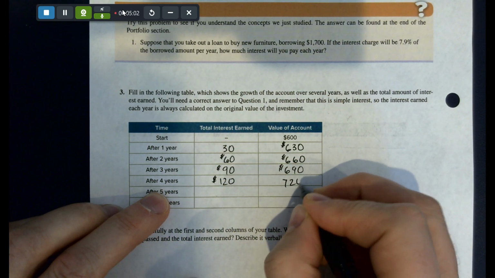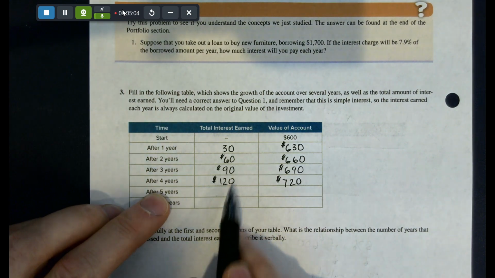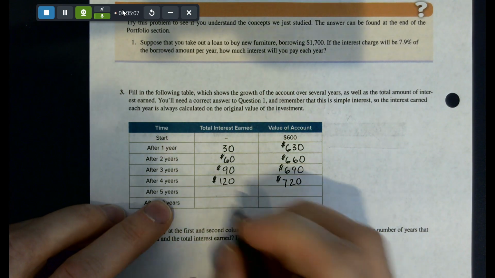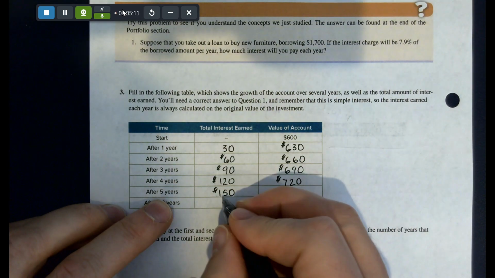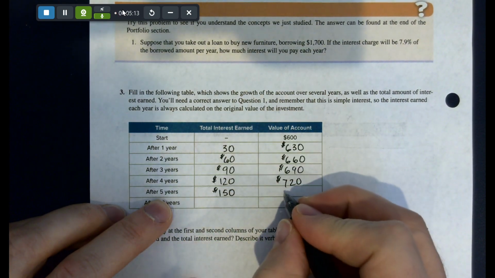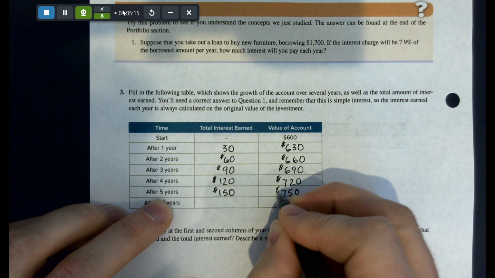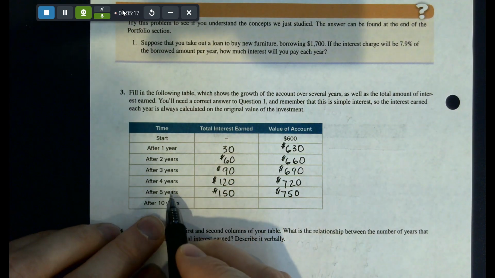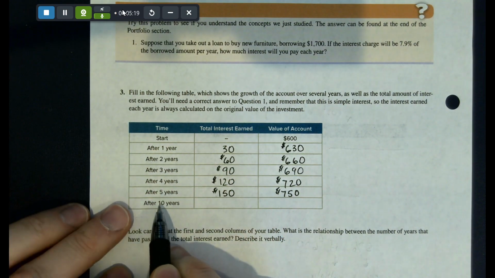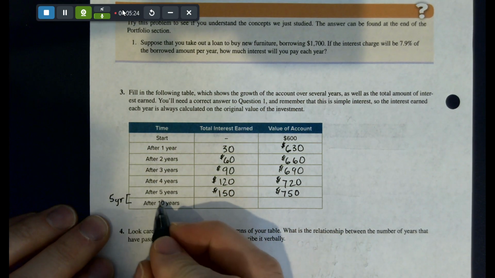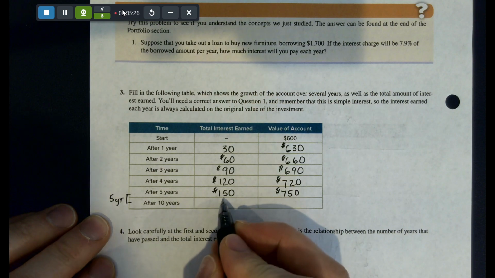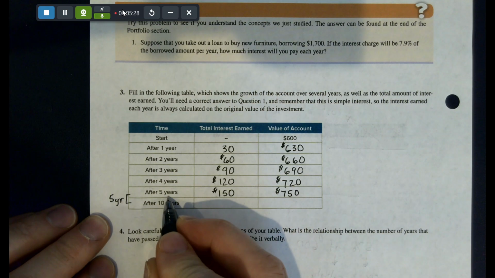That would be 720. Notice that the interest we're adding in is the same amount every time. So here we're adding another 30 to this, 150. I'm adding this 150 to the 600. We now have 750. Each year we added $30. Now we're going to do a big jump, right? There's a 5-year gap. So I have to add $30 5 times to fill in this gap.